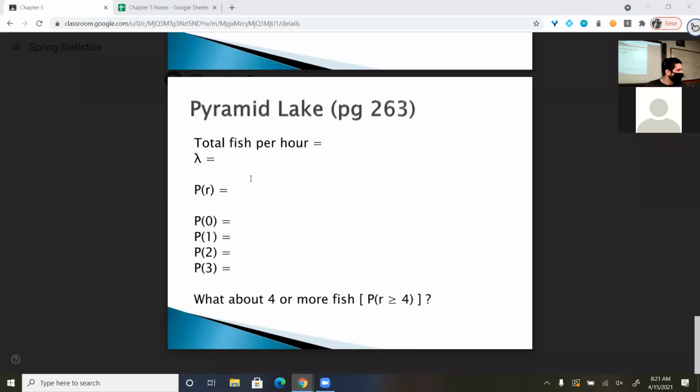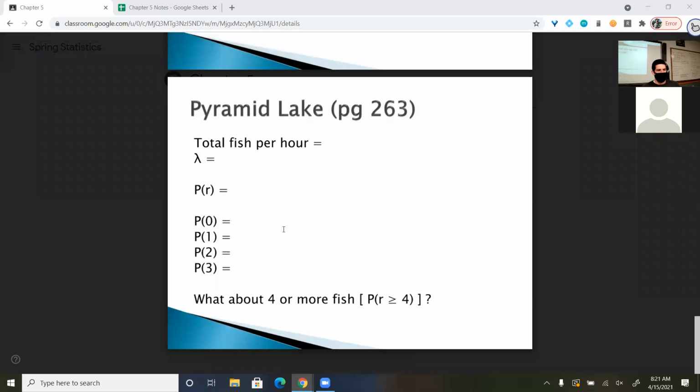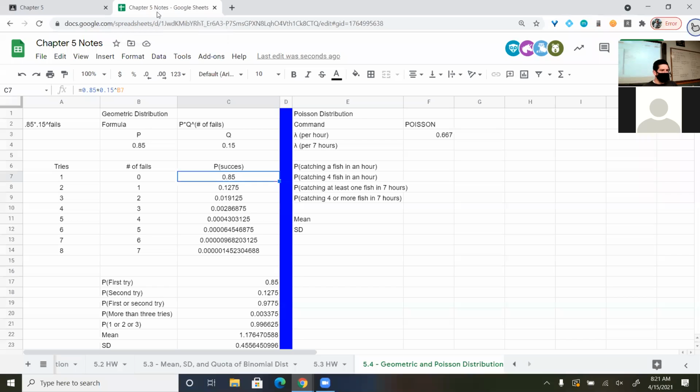Now, what they also say is that when you decide to fish at Pyramid Lake, you can kind of go out for the day. So let's say you were to go out for 7 hours. What's the probability of catching 0, 1, 2, 3, or 4 or more fish if you're on a 7-hour fishing trip? So that's all the information we need at the moment.